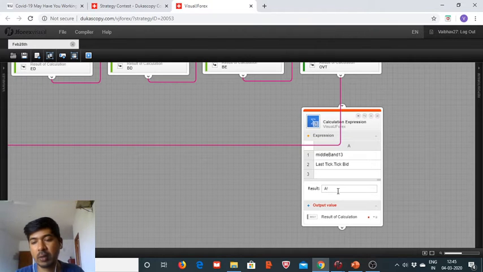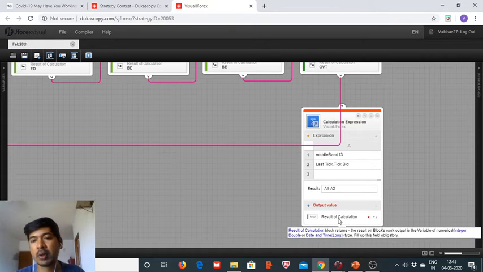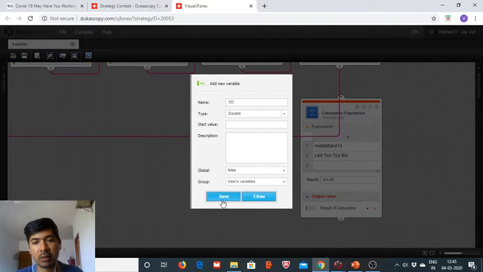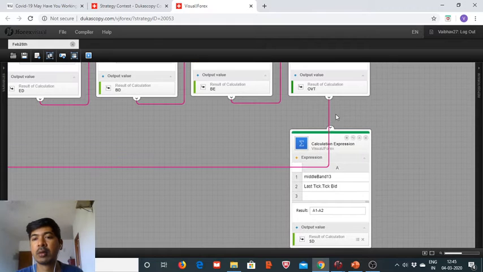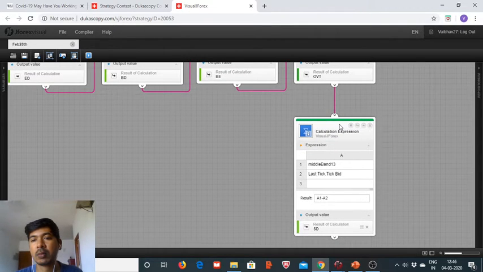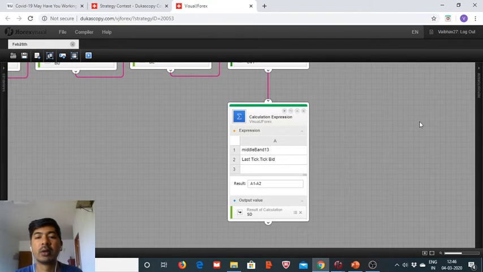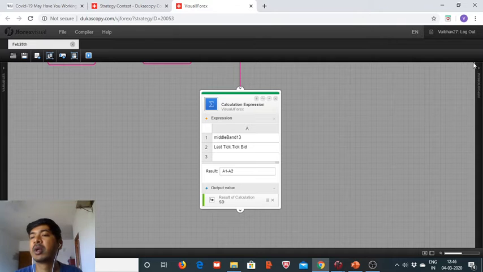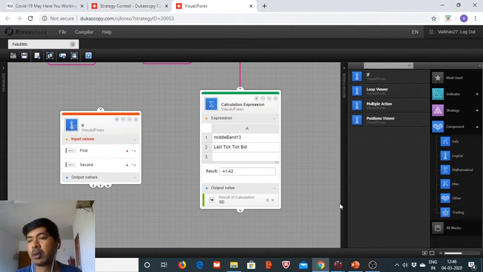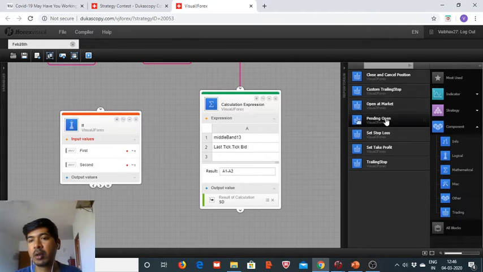So here we write A1 minus A2, and this will be sell difference ST, and now let us add the if condition, logical, and we will also need the pending open.